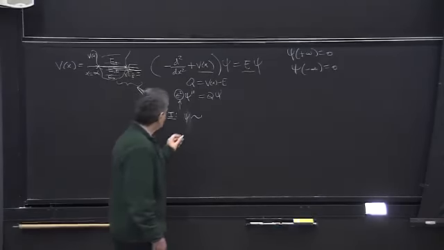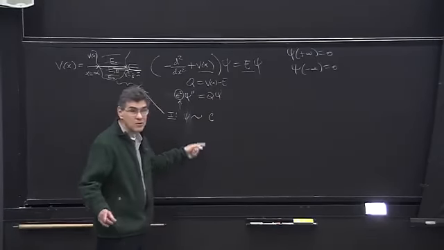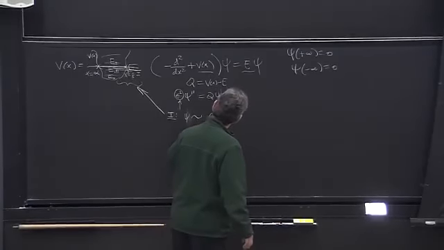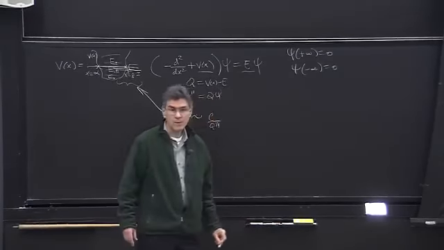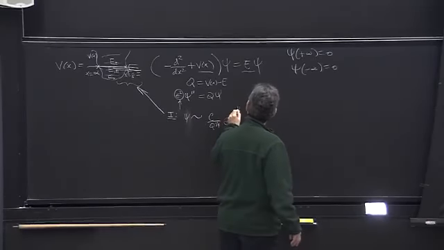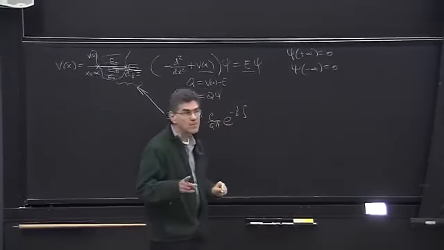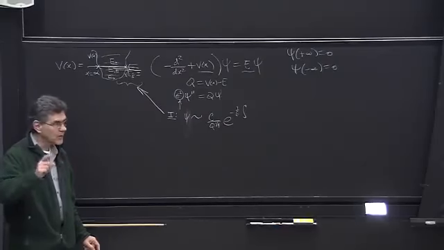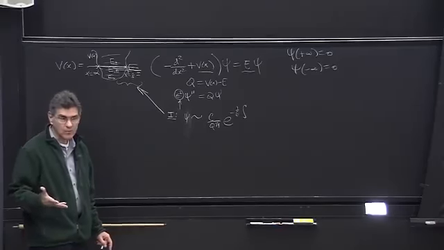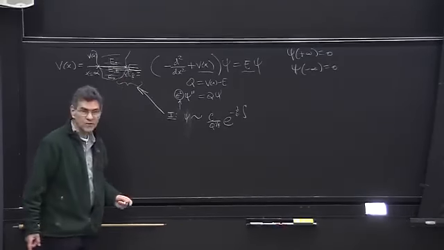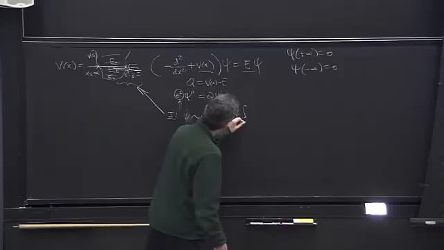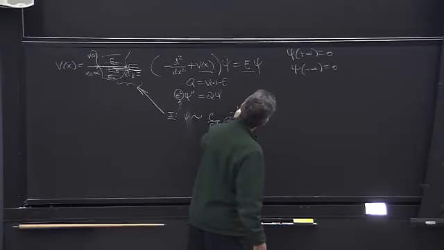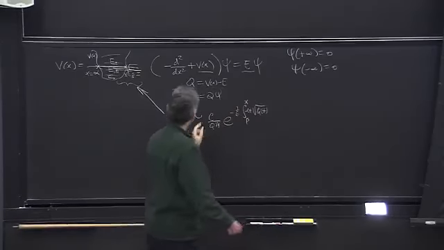Psi is approximately c, some constant, we don't know the value of that constant, over q to the 1/4, times e to the minus 1 over epsilon integral from, now before we had the turning point at 0, so it was the integral from 0 to x, but the natural place to integrate from, the only interesting point, is the turning point itself. So let's integrate from beta up to x dt square root of q of t. And that is region 1.